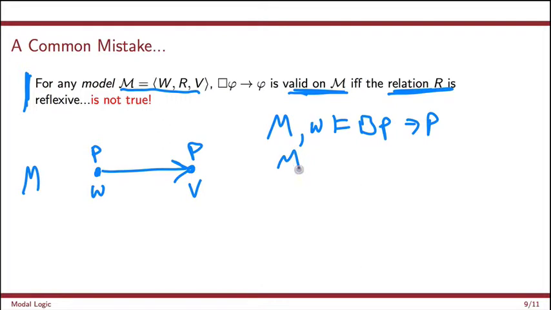So it's true at state W, and it's also true at state V. So box P implies P is going to be valid on this model, but it's valid for a trivial reason.